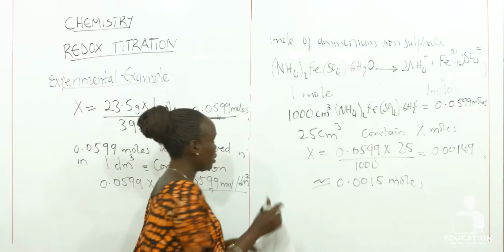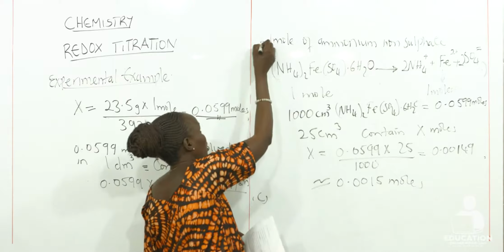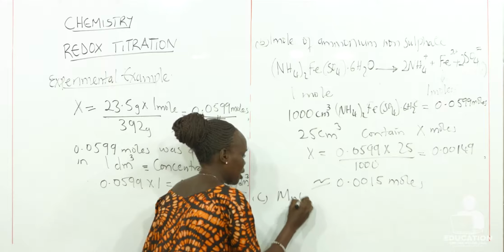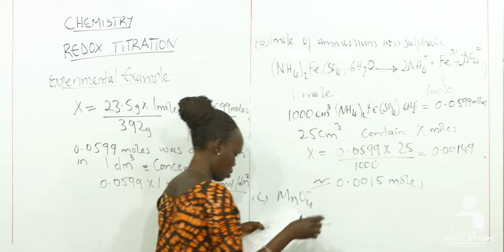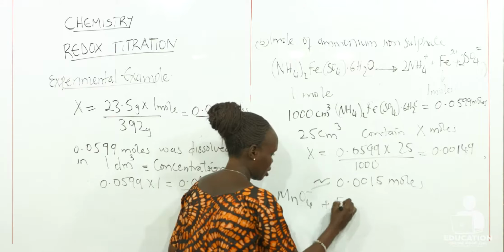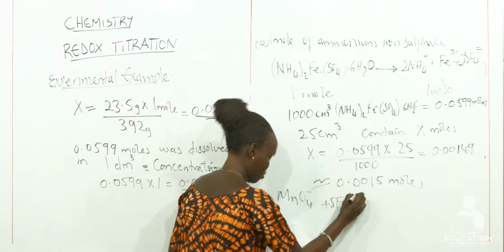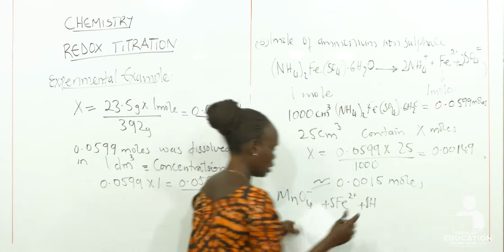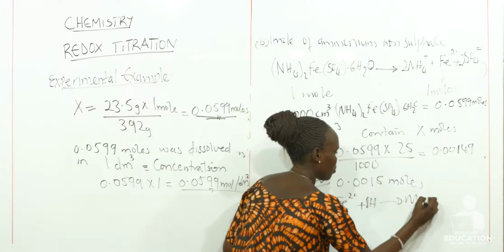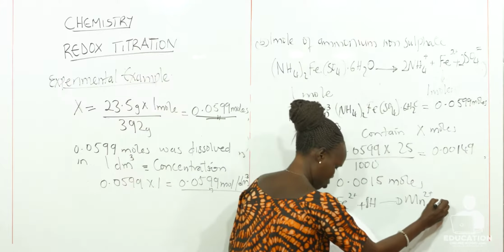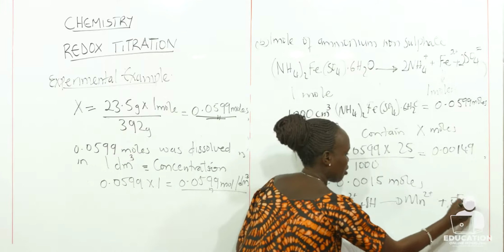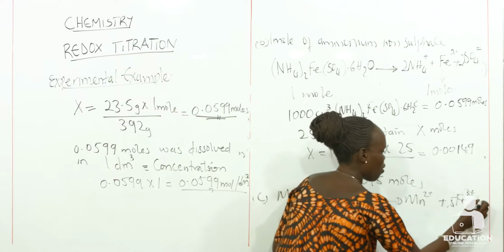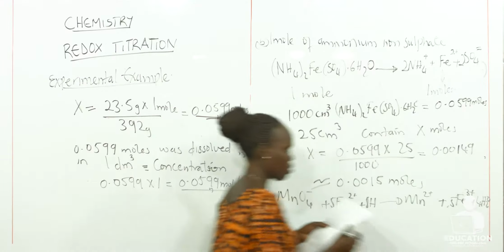So we have also to see what is required in the third procedure. Thirdly, we have to remember the equation: permanganate plus 5 iron(II) plus hydrogen ions will give us manganese(II) plus 5 iron(III) plus 4 molecules of water.